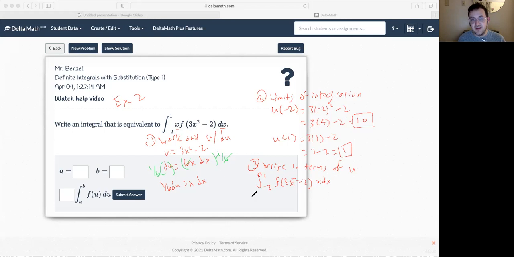So when I do that, I'm going to write my new bounds. This is going to be the integral from 10 to 1 of f of u, and then this x dx becomes 1/6 du.